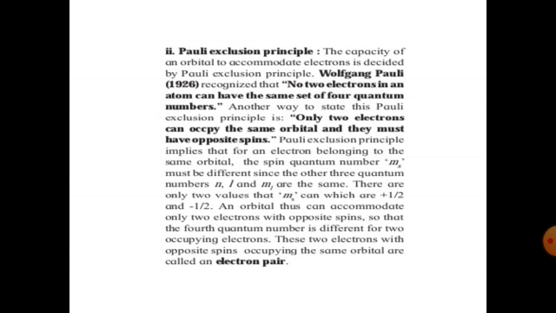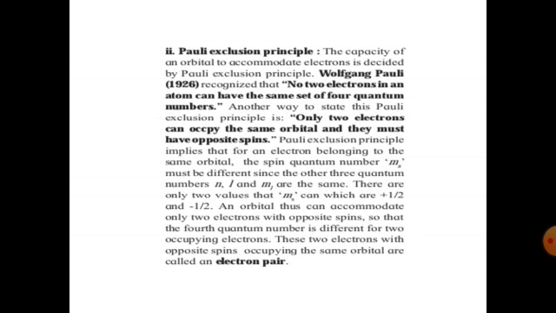So the spin quantum number of an electron is either plus half or minus half, meaning either clockwise direction or anti-clockwise direction. An orbital thus can accommodate only two electrons with opposite spin, so that the fourth quantum number is different for the two occupying electrons. These two electrons with opposite spin occupying the same orbital are called an electron pair.